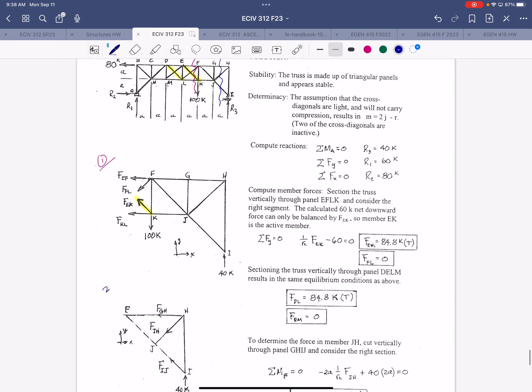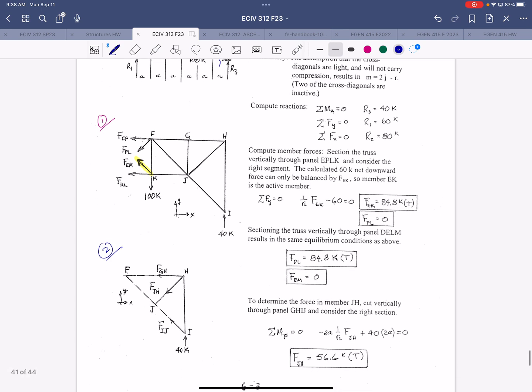So here is the second free body diagram. That cut exposed 3 unknown forces, all right? And none of these are the light version of diagonals that we can assume only carry tension, so we can't apply that here. We have to assume they can both be tension or compression.